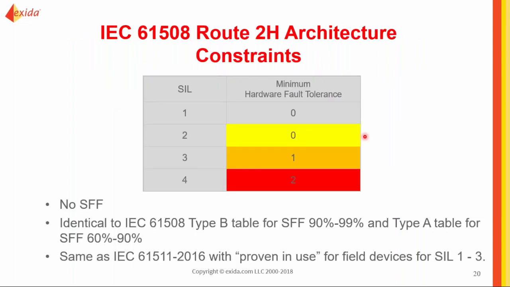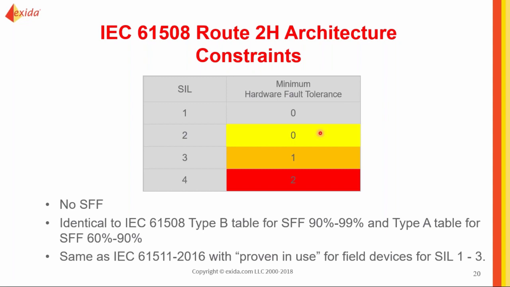Different table for 2H. It once again eliminates the safe failure fraction because you don't need this equation any longer. Kind of simplifies things. It just lets you know which SIL you need to be. Say you needed to be that SIL 1. Once again, you don't need any hardware fault tolerance. This time at SIL 2, you don't need any hardware fault tolerance.